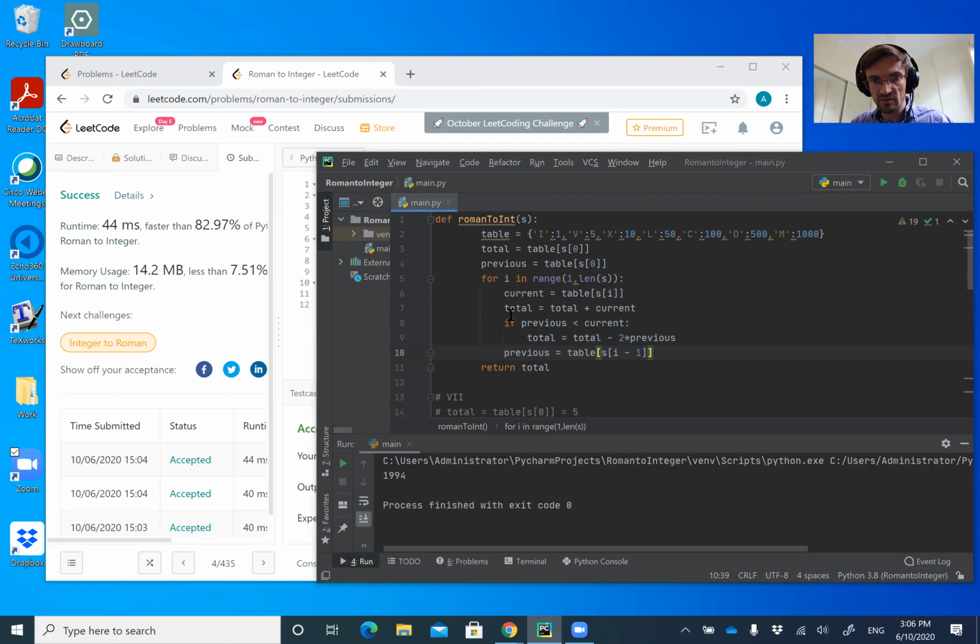So the next current becomes the previous. No, the previous can be used as the current, right? So we can use it for later. Okay, let me run that as well.